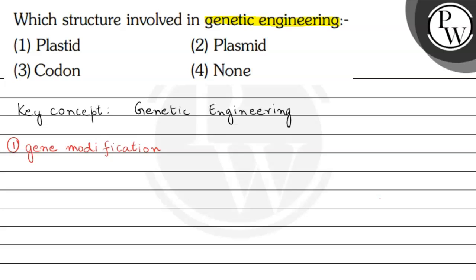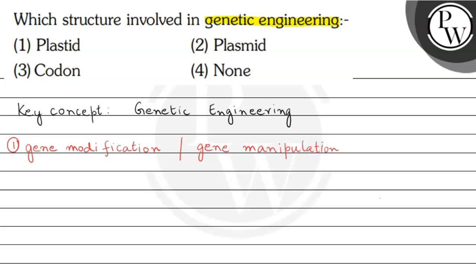Genetic engineering is also known as gene modification, or it can also be said as gene manipulation, because here we can manipulate or change the gene of our interest according to our own needs. As the name suggests, we can engineer genes according to our own interest.